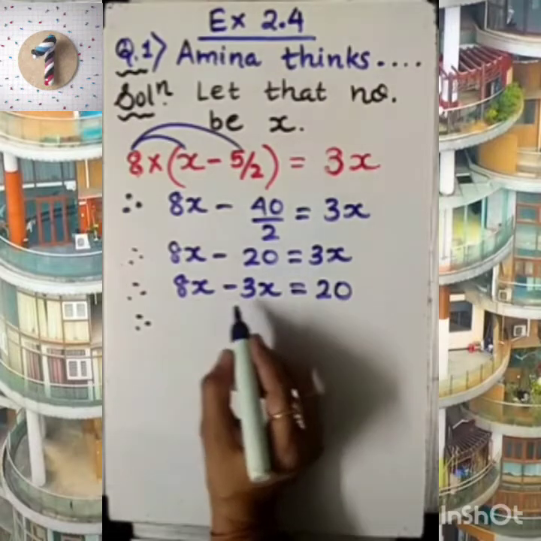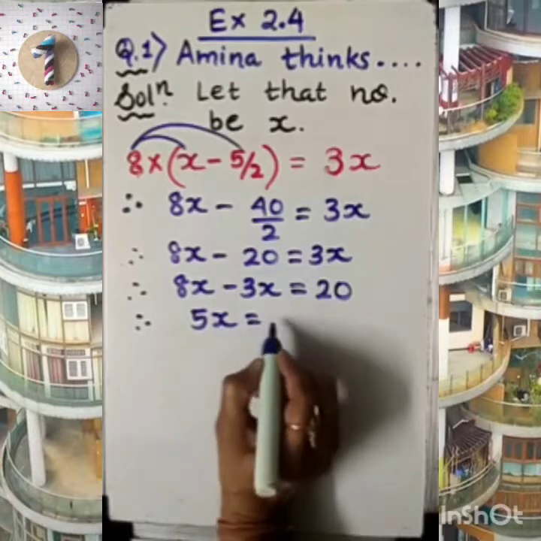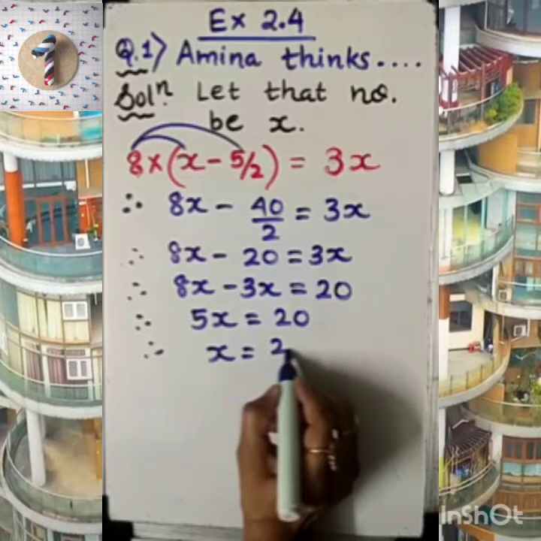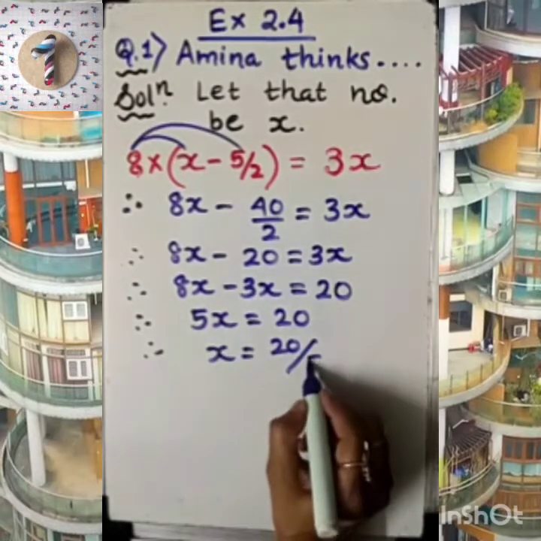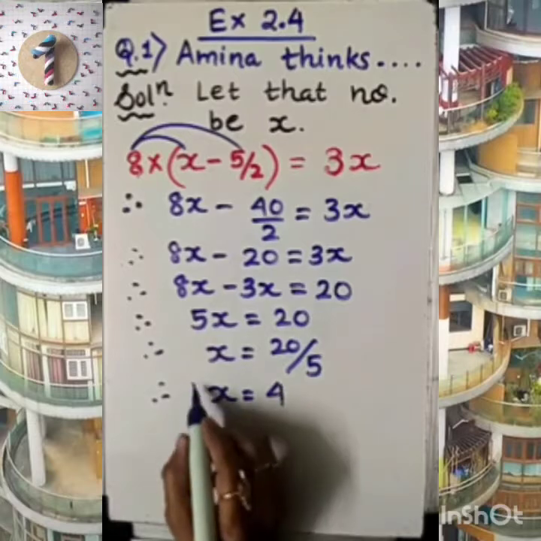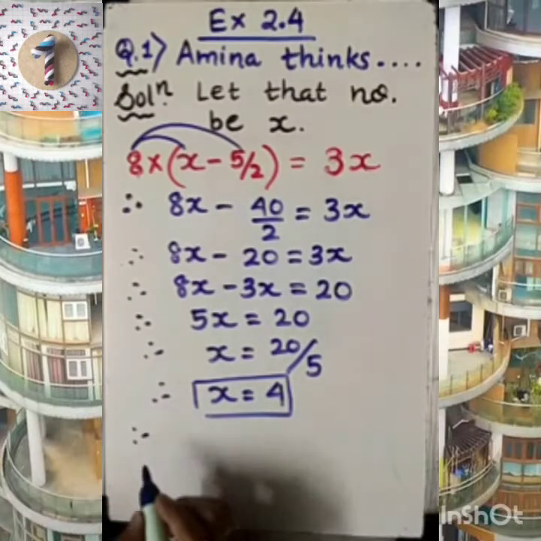What about 8x minus 3x? It gives the result 5x. 5x equal to 20. Therefore, x equal to 20 divided by 5. Therefore, x equal to 4. So, my dear student, the value of x is 4. Therefore, this is the question.